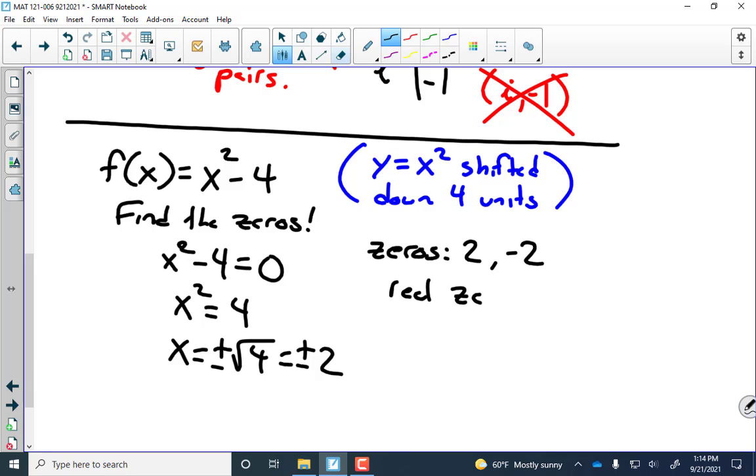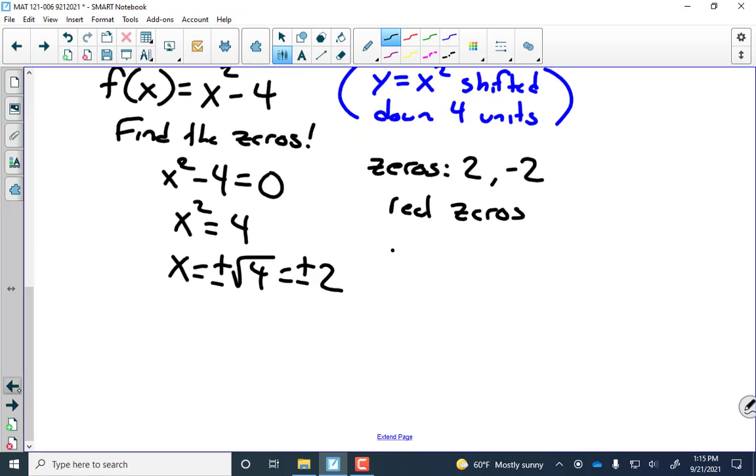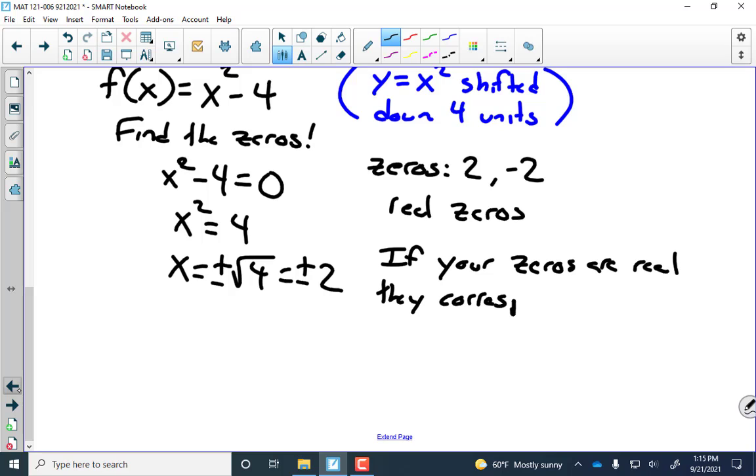And they're real numbers. 2 and negative 2 are real numbers. And if your zeros are real, and I'll write this down, if your zeros are real, they correspond to x-intercepts on the graph.